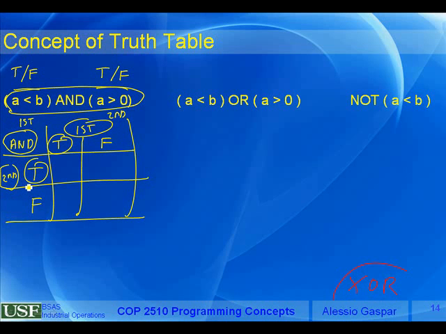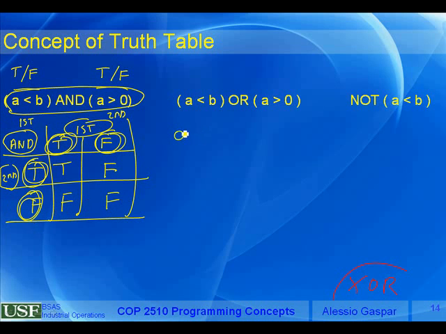They do want cheese and dessert only if they want cheese, first term is true, and they want dessert, second term is true. So this is what the outcome will be here. If any of the terms is false, for example, we have here false and true, the outcome is false. We have true and false, the outcome is false. If both of the terms are false, of course, the outcome will be false as well.